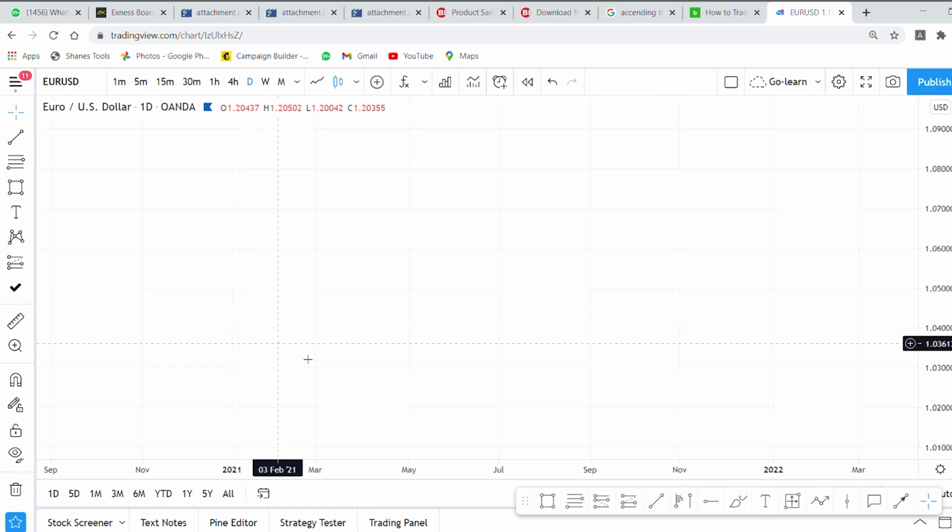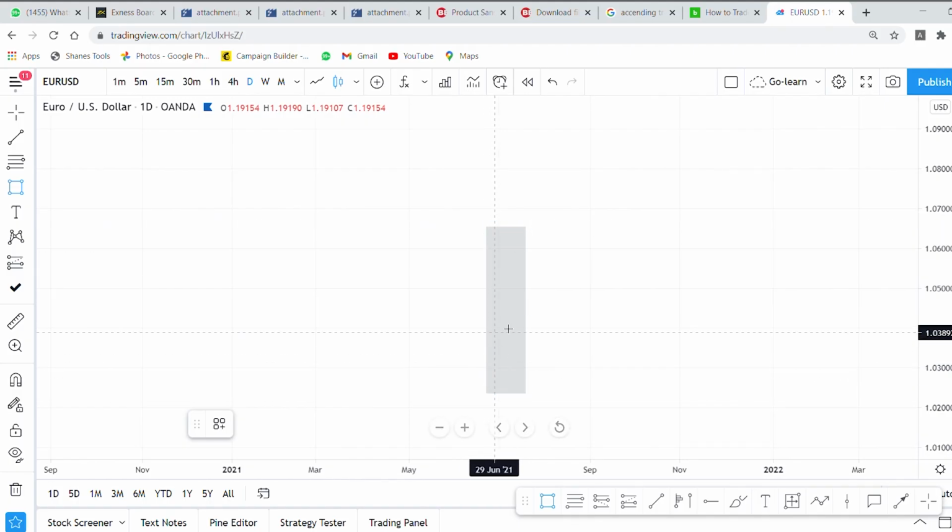Let's say we want to represent a bullish engulfing bar, whereby this is the bullish candle, and this is the bearish candle.